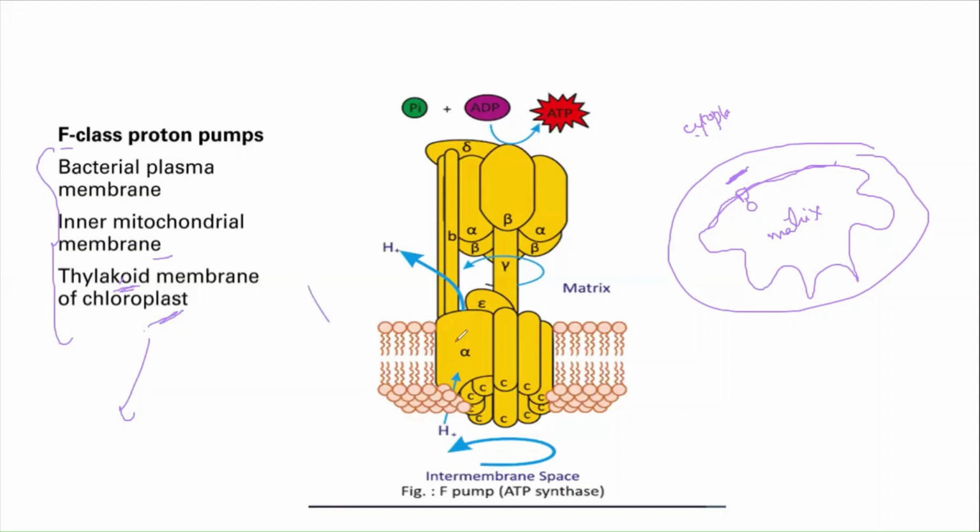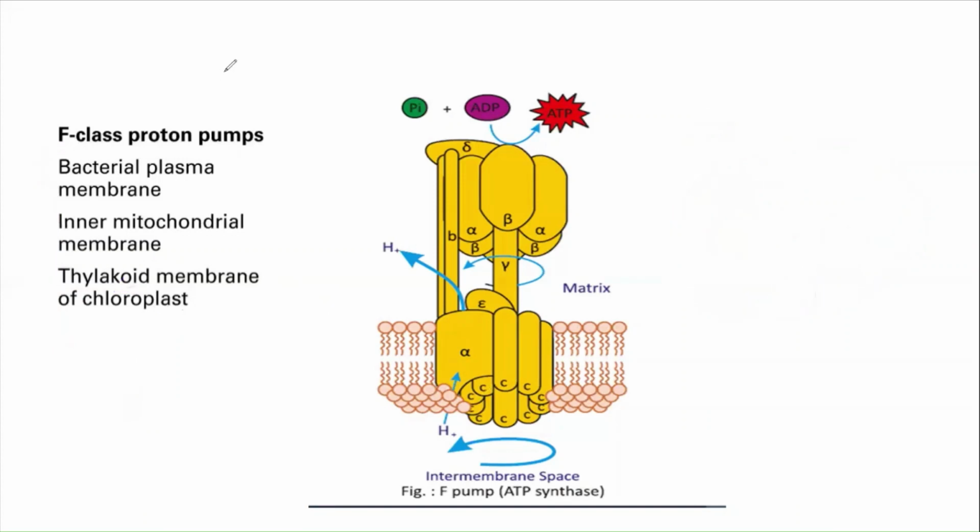Now what is happening here is you have got the membrane, the matrix and the intermembrane space. When the proton gradient is formed, if you remember, with the help of complex 1, 2, 3 and 4, the H+ are transported to the intermembrane space.